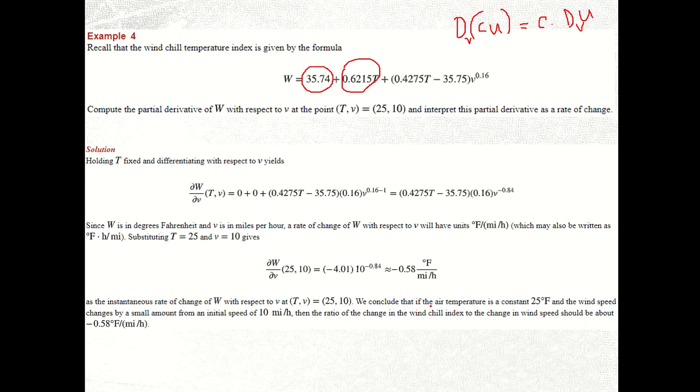So we can conclude that if the air temperature is constant at 25 degree Fahrenheit and the wind speed changes by a small amount from an initial speed of 10 miles per hour, then the ratio of the change in the wind chill index to the change in the wind speed should be about negative 0.58 degree Fahrenheit per mile per hour. Okay, so this is one of the examples as our application to the partial derivatives.